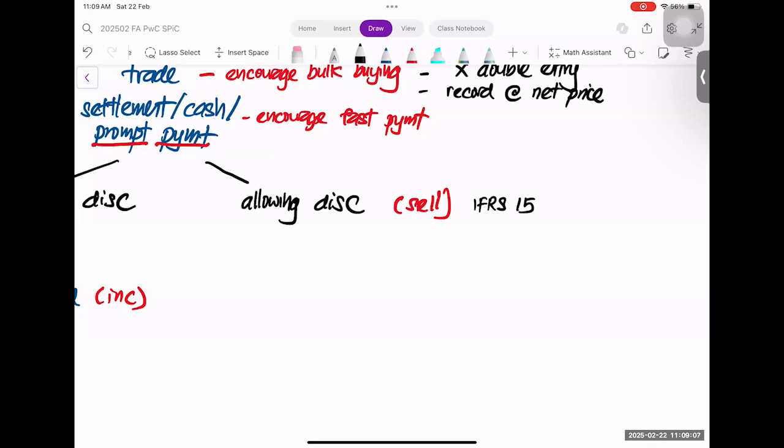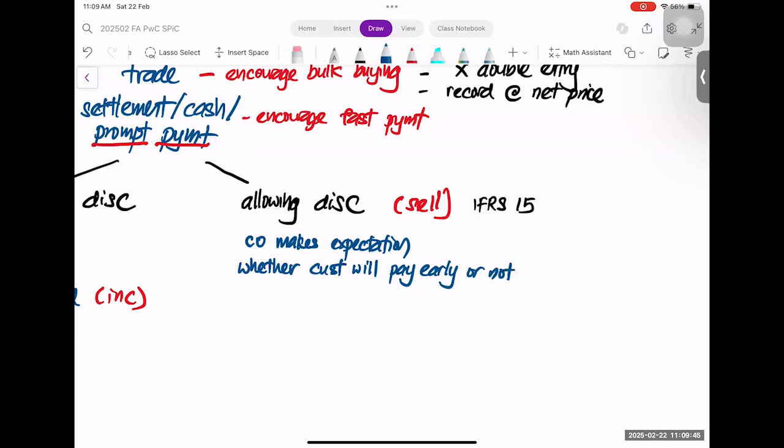But at least for your level, what you need to realize is that for the case of allowing discount, the company needs to make an expectation of whether the customer will pay early or not.